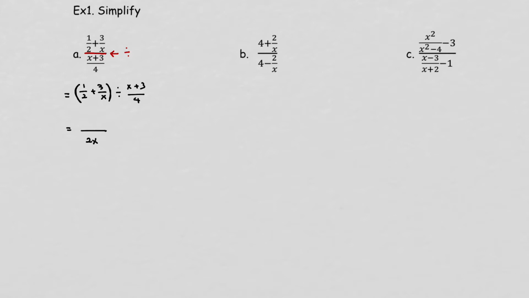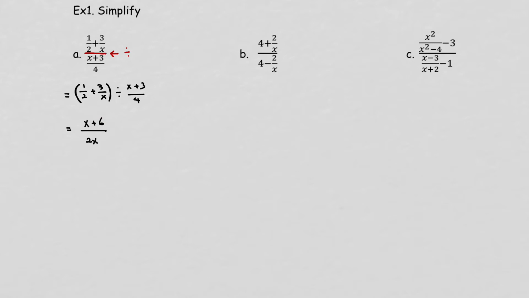For 2 to become 2x, you need to multiply by x. It will be x plus 1, plus, for x to become 2x, you need to multiply by 2. So you multiply 2 by 3, you get 6. And because they are not like terms, you cannot combine, but it's already one fraction.